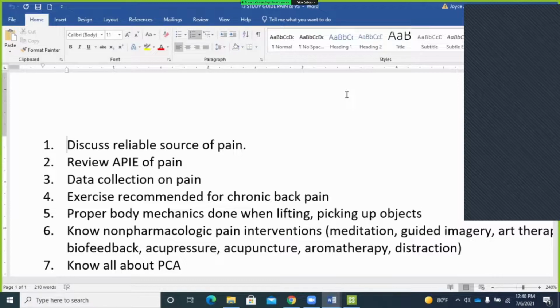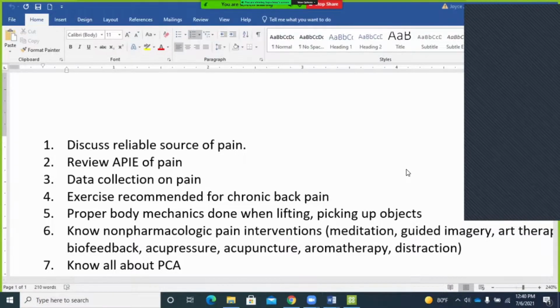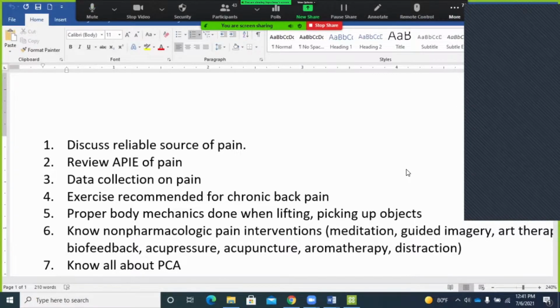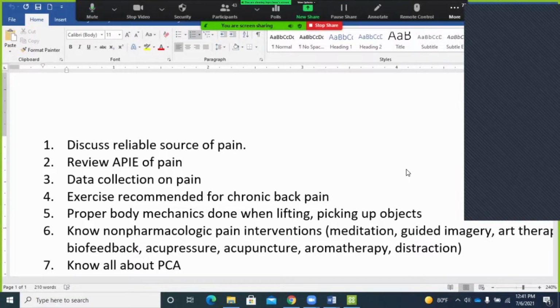It's the same as data collection on pain. Data collection is you're going to ask more about the pain. When you say more about the pain, what is that? What do you do that causes the pain? Those are... Hilda. Where's my book? Let's go back to Hilda.